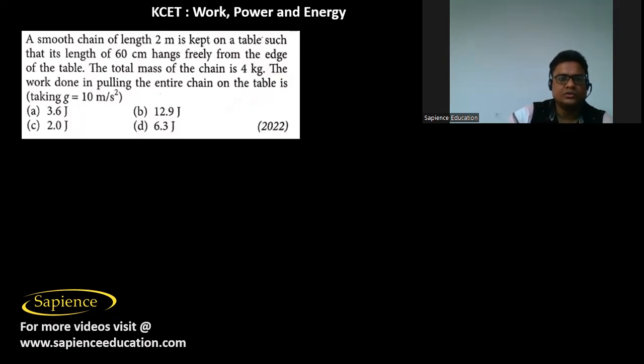Then it is told a smooth chain of length 2 meter is kept on a table such that a length of 60 centimeter hangs freely from the edge of the table.